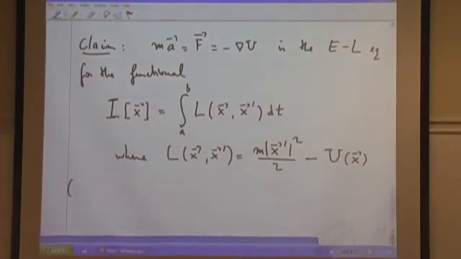This is called the Lagrangian. And I think it's the integrand that's called the Lagrangian, isn't it?